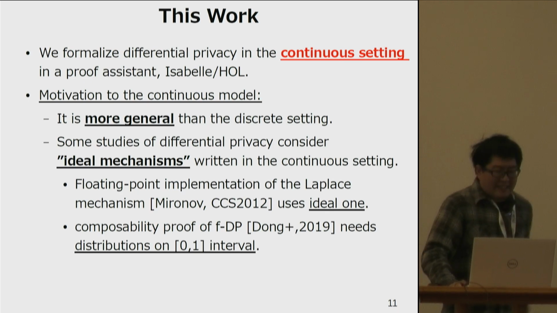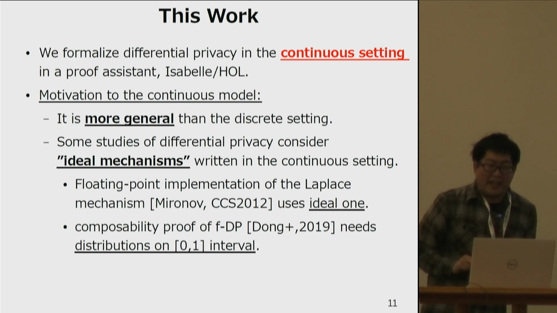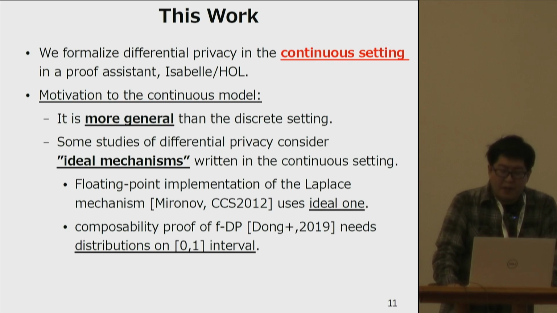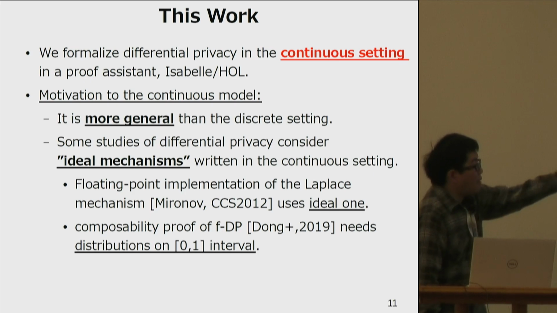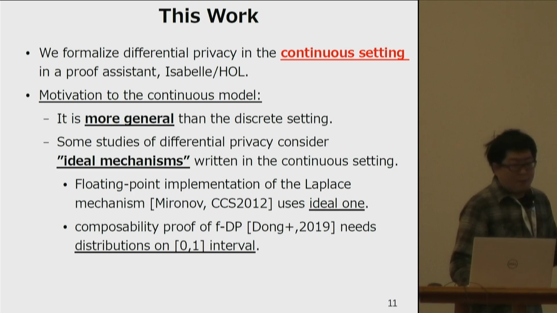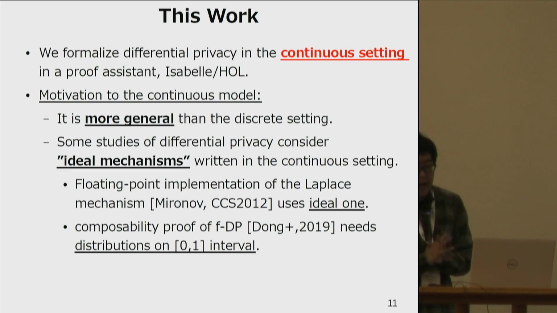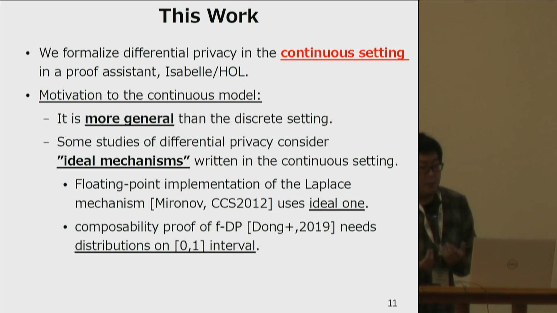Second, some studies of differential privacy consider ideal mechanisms written in the continuous setting. For example, in the study of floating point implementation of the Laplace mechanism by Mironov, the paper describes the snapping mechanism, which is a floating point version of the Laplace mechanism. In the proof of its differential privacy, we need the ideal version of the Laplace mechanism.